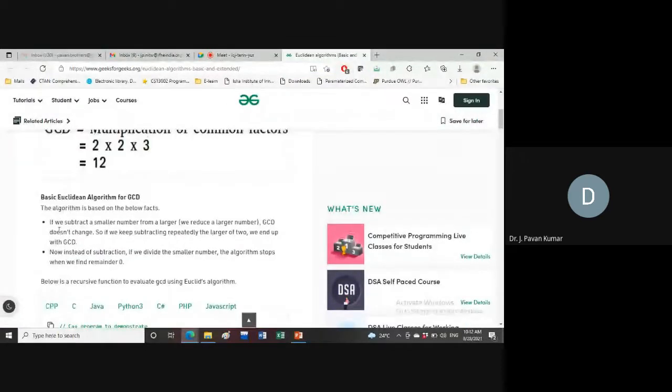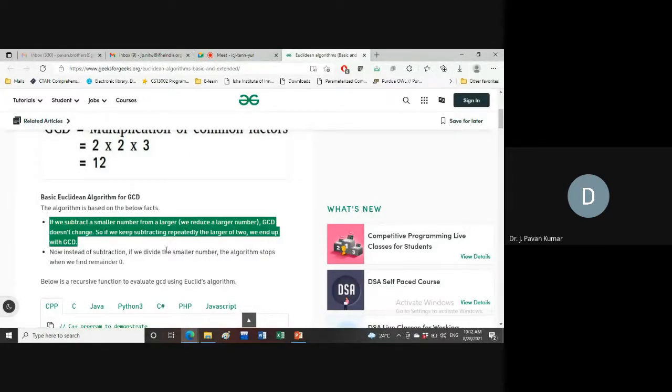As we have discussed, if we subtract a smaller number from larger number, we can get the GCD. We repeat until both the values A and B are the same. We will keep on subtracting, taking the minimum and the difference, minimum and the difference. Like that we will be continuing.